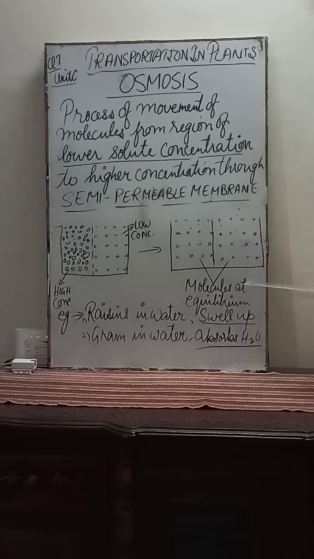Molecules at equilibrium. Equilibrium means equal in the inner and outer membranes. So this is the process of osmosis, where there is movement of molecules from lower concentration to a higher concentration through a semi-permeable membrane to balance or to equalize the concentrations of outer and inner cells.